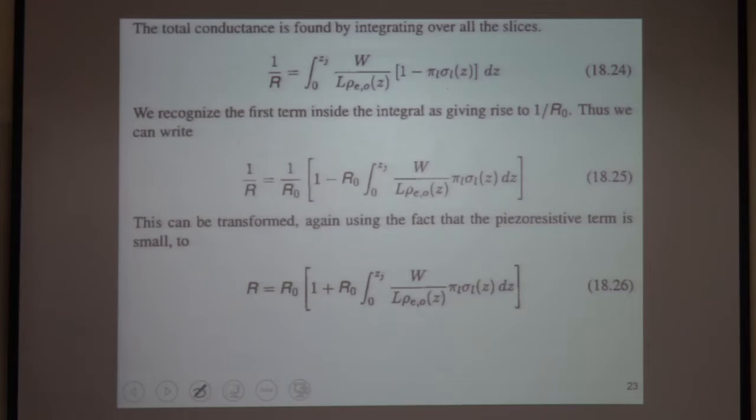Then for this one, we have this term: integration of W L rho E0 minus W L rho E0 pi L sigma L dz. The first term is G0, because W is constant, L is constant, and rho E0 is constant.